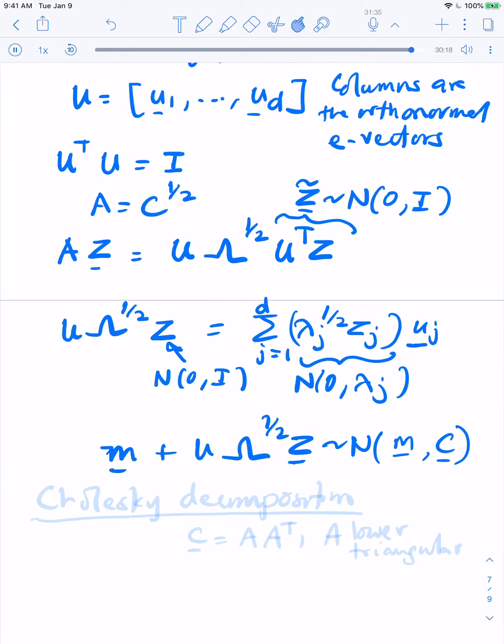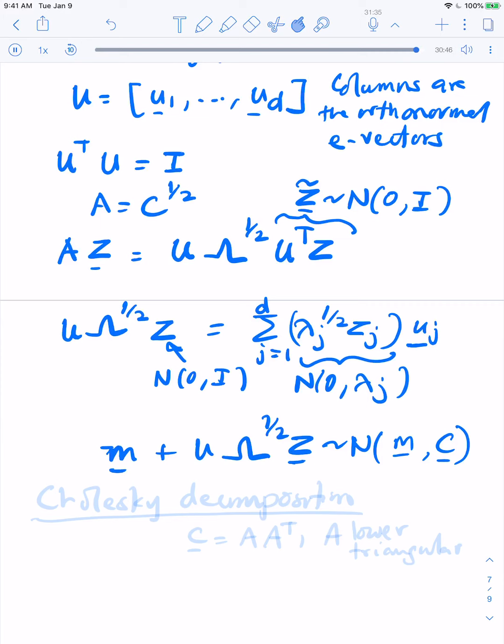Another way is to choose A to be the Cholesky decomposition of C. I'm not going to talk about that in detail, but suffice it to say that Cholesky decomposition looks like you're basically looking at the first element of the random vector, normalizing it, then looking at the component of the second element that is independent of the first element, normalizing that.